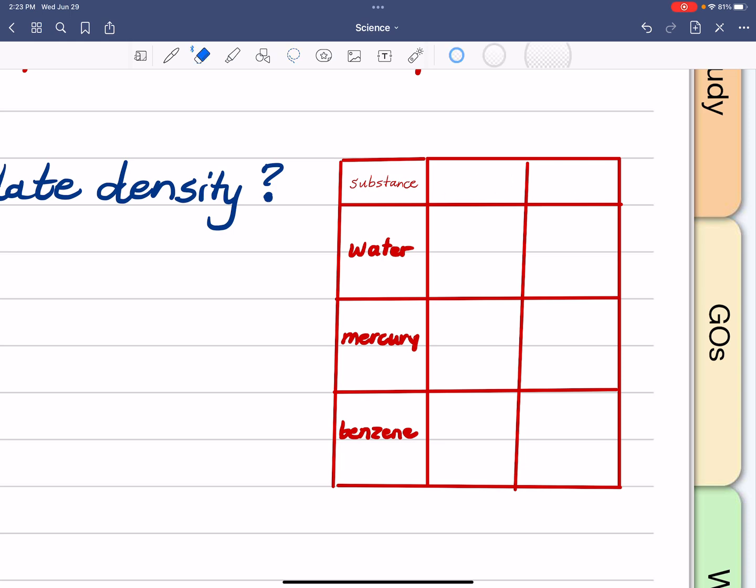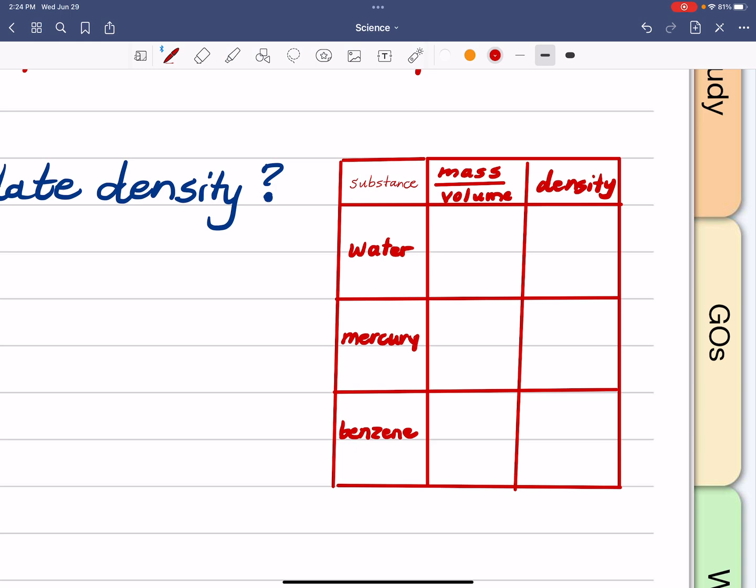We're going to put mass over volume. And then in this column, I want to put density. We're going to have to do a little bit of calculation here. If you have a calculator, go ahead and get your calculator ready because we're going to need it. Okay, so let's add some numbers here.